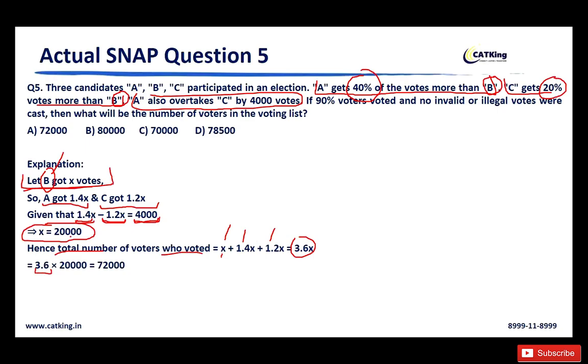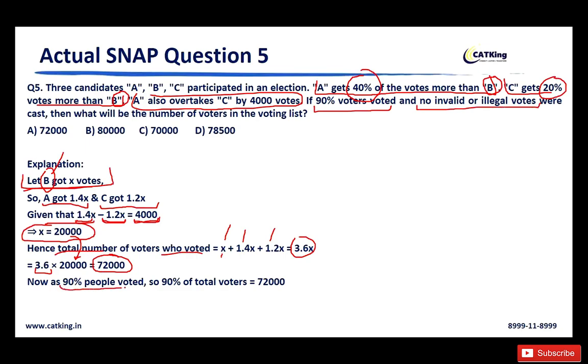Substituting the value of X as 20,000 over here, I get 72,000. But now in the question, 90% voters voted and no invalid or illegal votes were cast. So the 90% of total voters will be equal to 72,000. Hence, the correct answer will be option A, 72,000.